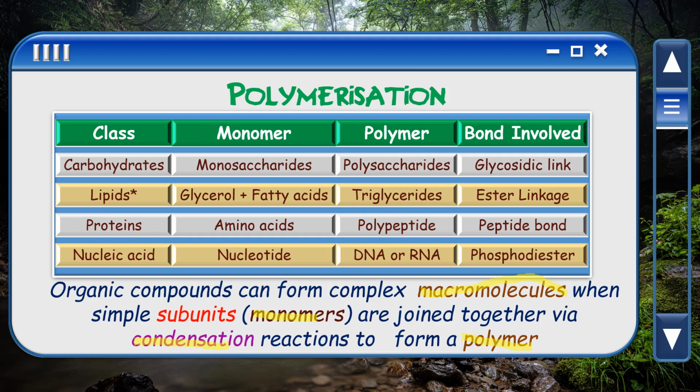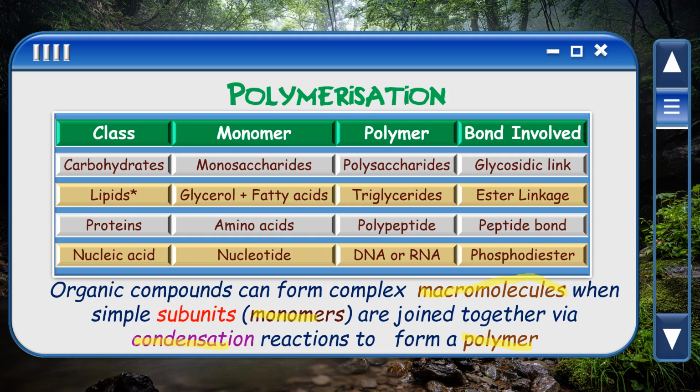So, therefore we say organic compounds can form complex macromolecules when simpler subunits we call the monomers are joined together via condensation reactions to form polymers. I don't want you to forget that condensation reactions involve the loss of water molecules.